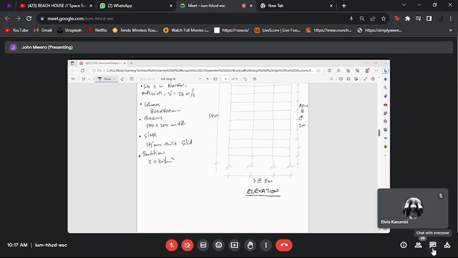Now I want us to open this standard so that we proceed and calculate the wind forces on this building. You remember we did say that there are many standards dealing with wind.